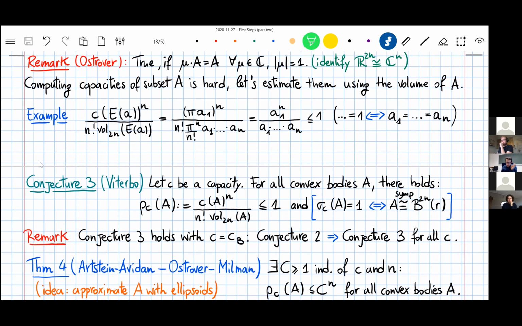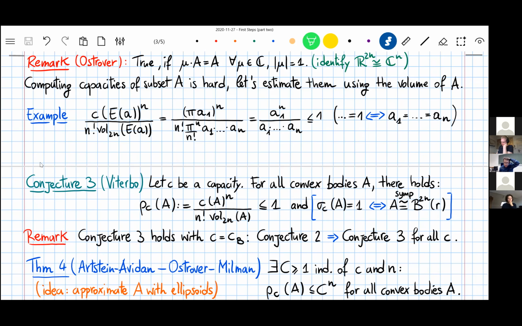So this gives you some transformation of the space, some kind of symmetry. And actually the conjecture here is true if your convex body has this particular symmetry. Okay, so this is another motivation.